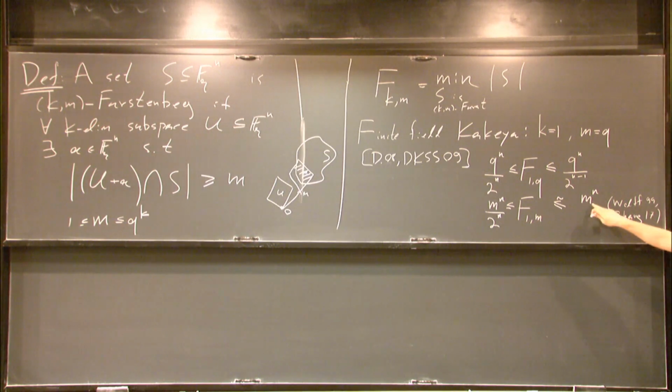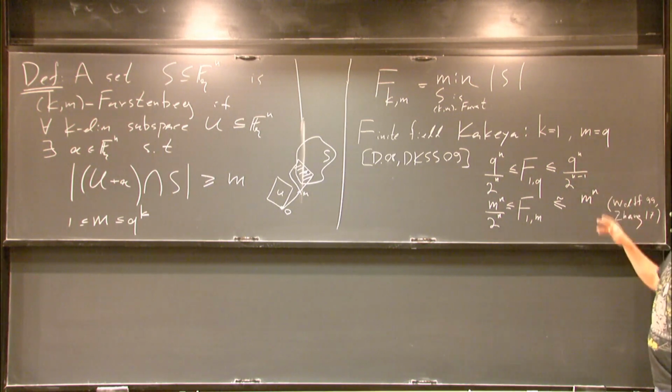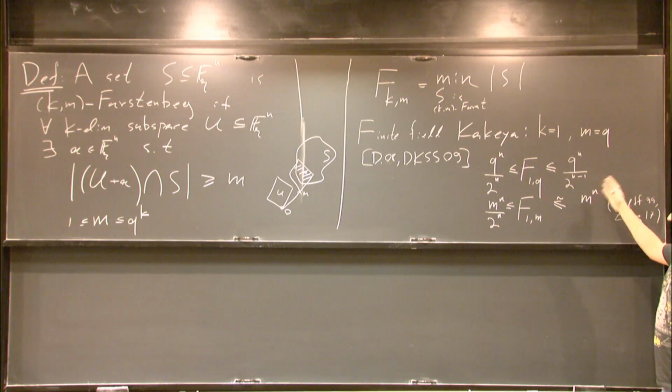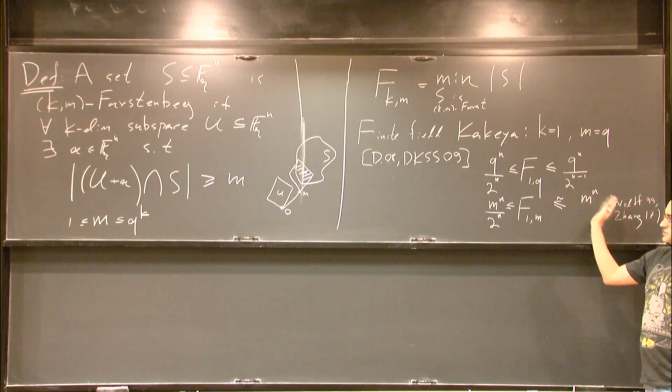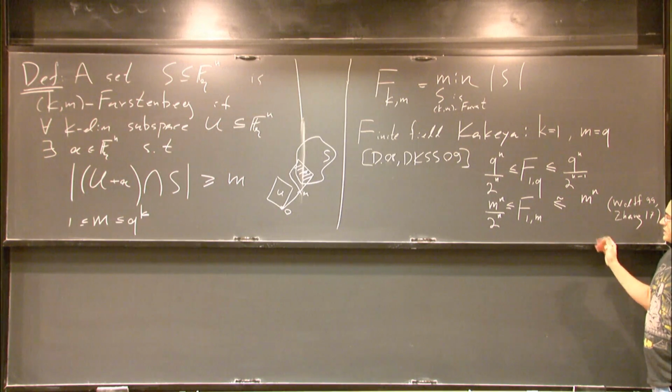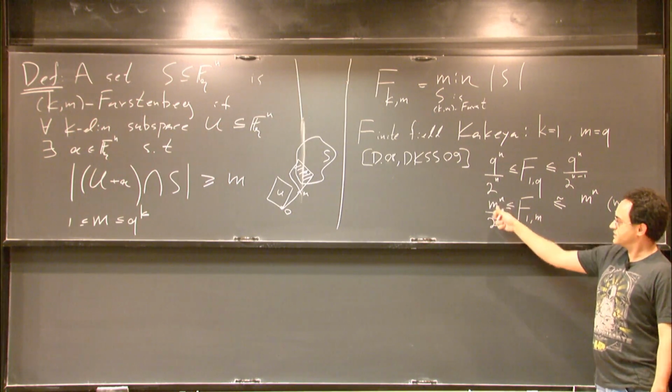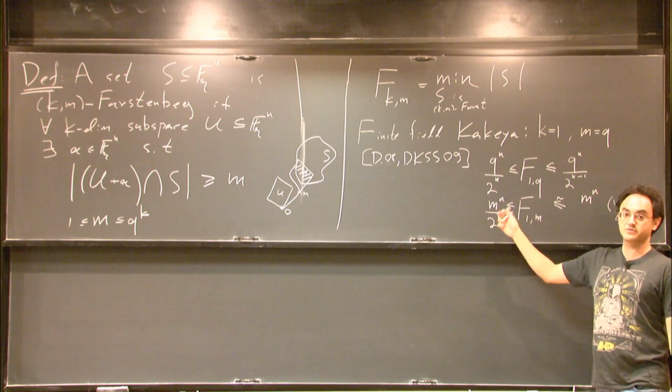And again, this requires m to be some square root of the field size, and you need a subfield of that size. So the field has to be of square order. And then for other fields, there's some conjectures that this should actually be much stronger, let's say, if there are no subfields.